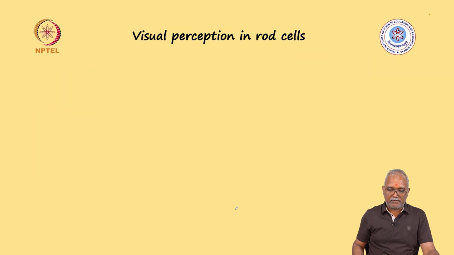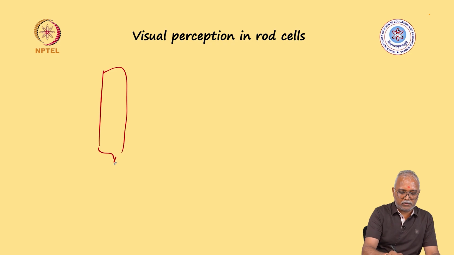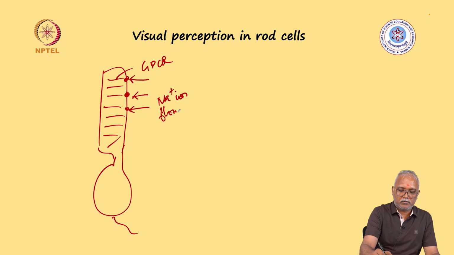So once the receptor is activated, now think about a situation like this where you have the rod cells, the segment which you saw outside. Here I told you that GPCRs are present, and the channels which are here are allowing the current, basically flow of sodium ion, which is normally happening, and the receptor is inactive.